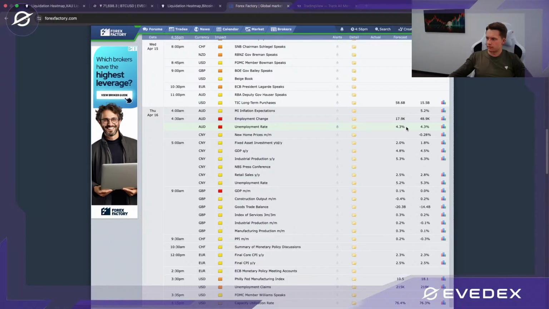Forecast is 4.3, previous was 4.3, so we might see something there. And as for the GDP, previous was 0, that is crazy, and forecast is 4.1, that is pretty crazy.